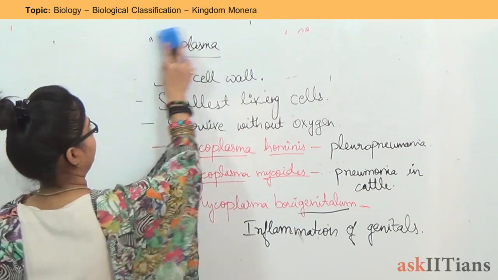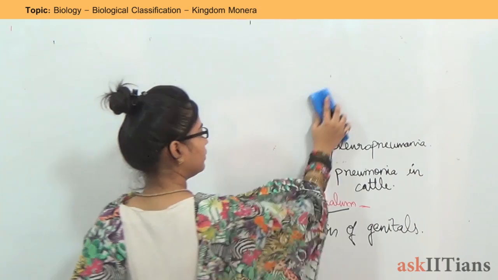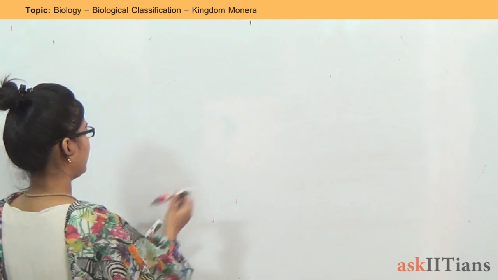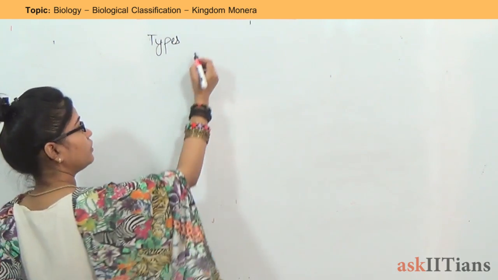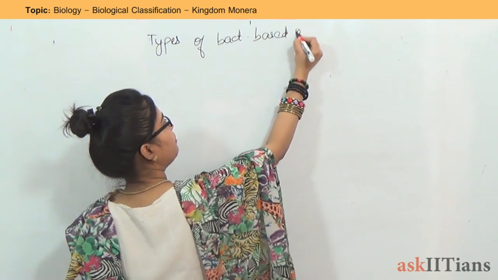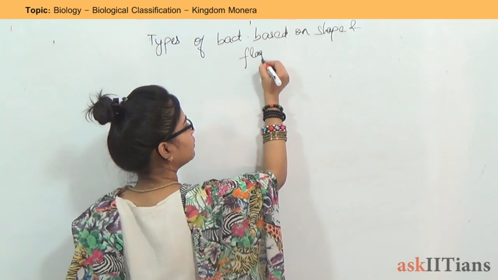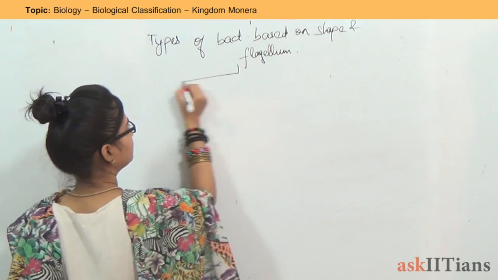Now let's make a chart. I'm going to make a chart here for the classification of bacteria, for the types of bacteria based on shape and flagella. Types of bacteria, just note down, based on shape and flagella.